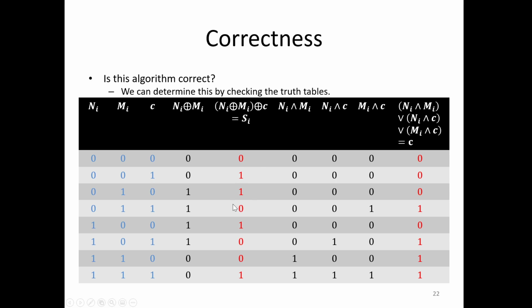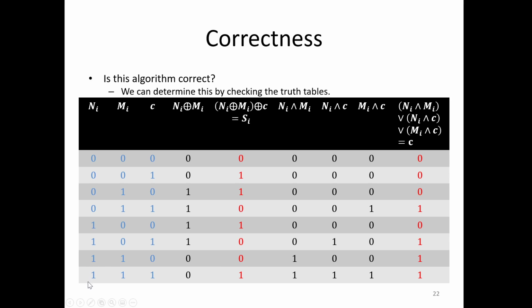And then maybe going a little quicker here, we'll see that if there's exactly one 1 among the values, then we should have a 1. But when we have two 1s, as in this case, the two values add to 2, we get a 0 as the sum bit. Again here we have 2, we get a 0 as the sum bit. Here we have 2, we get a 0 as the sum bit.